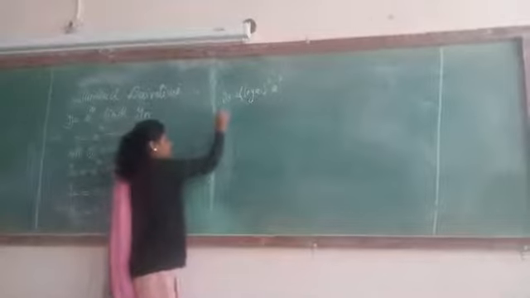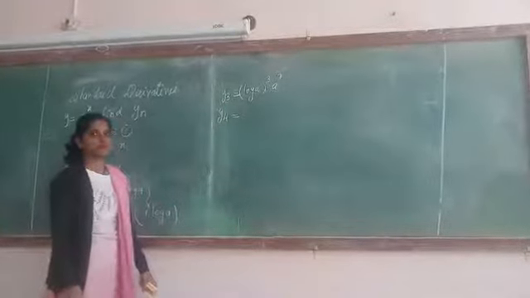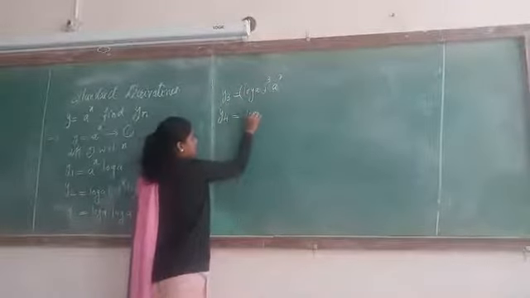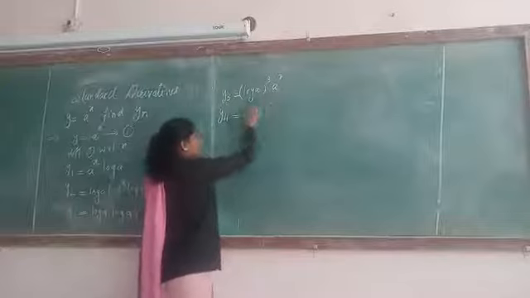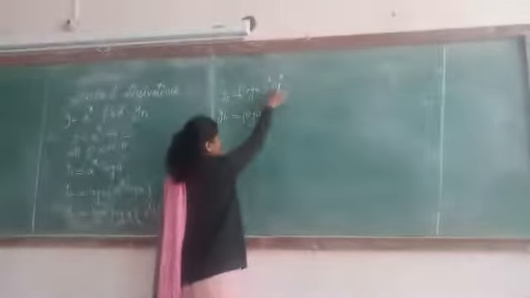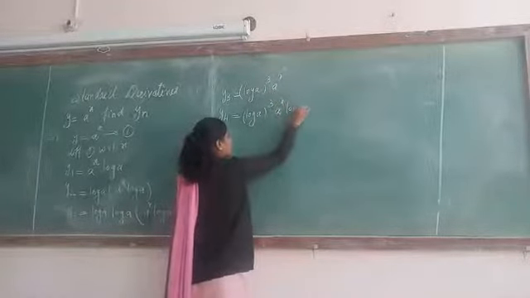Again, the fourth order derivative is the derivative of y3, which is y4. This log of a to the power 3 is constant, so I will keep it as it is. The derivative of a to the power x is a to the power x log of a.